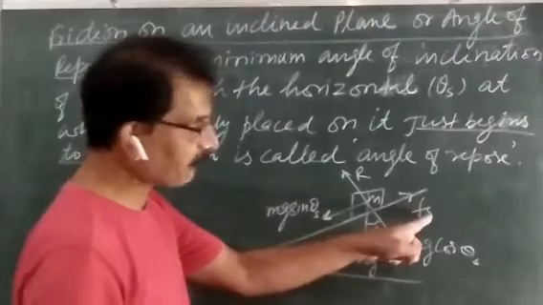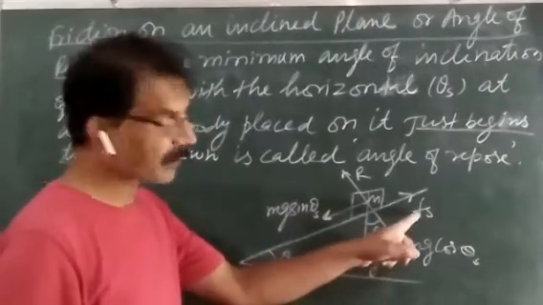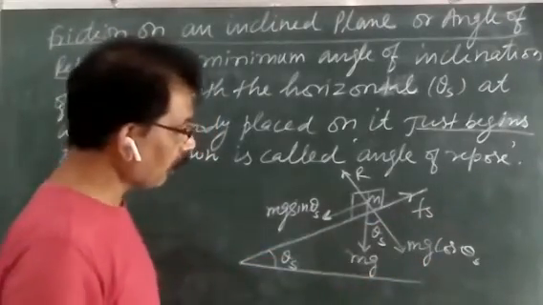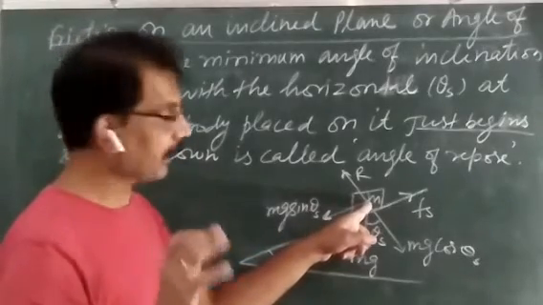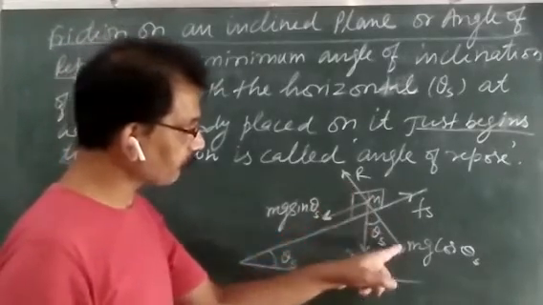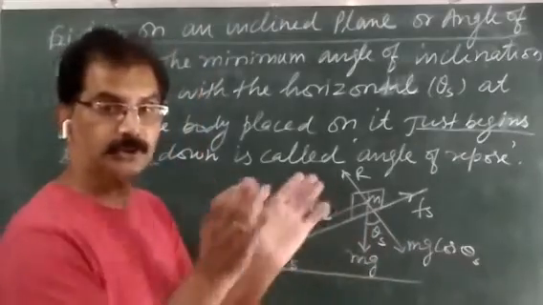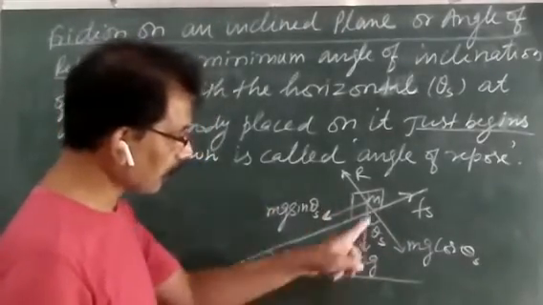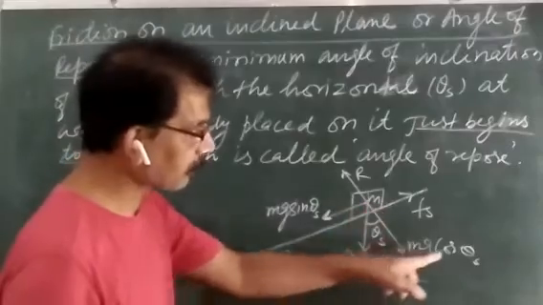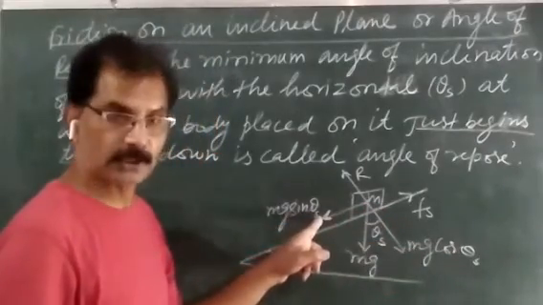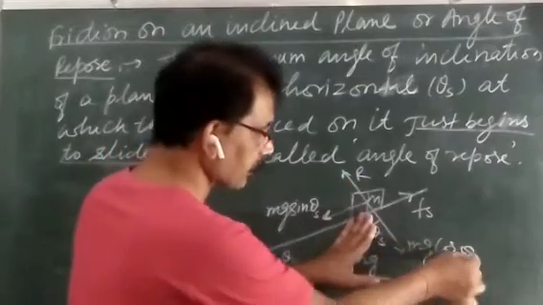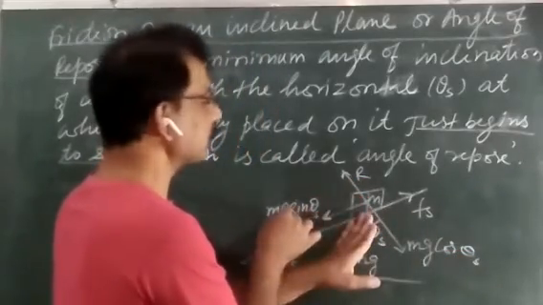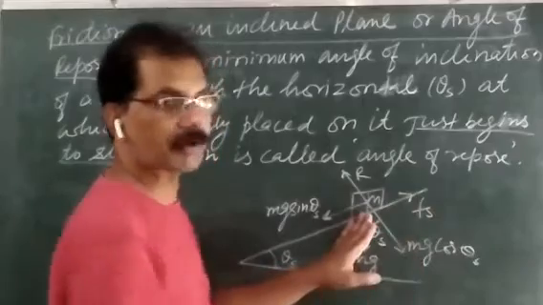ये क्या है, ये Fs? Limiting frictional force. और चूंकि ये ब्लॉक अभी तक रुका है, just begins to slide, मतलब अभी भी ये रुका है. It means all these forces which act on this block are balanced to each other. कौन force? चूंकि हमने mg का कंपोनेंट ले लिया, mg cos theta s, mg sin theta s, तो फर्दर नो नीड टू टेक द mg. अब क्या क्या बचा? R, mg cos theta s, mg sin theta s, and this force is Fs.